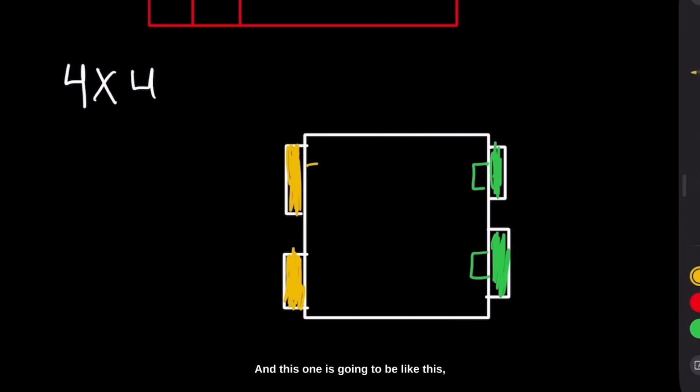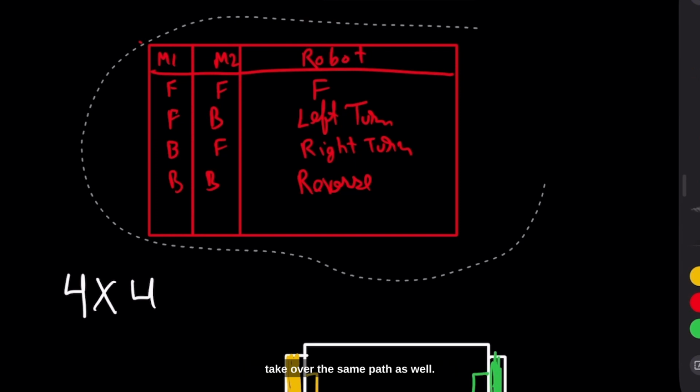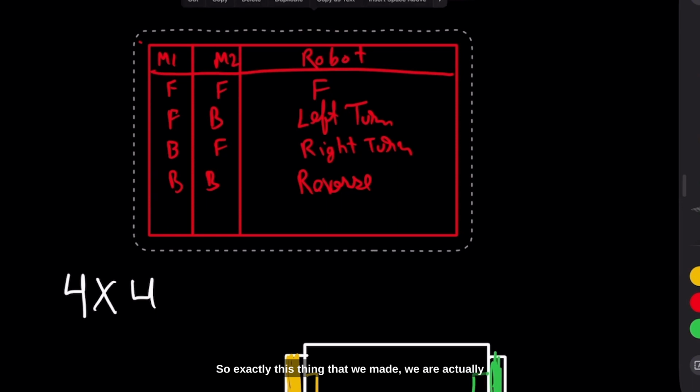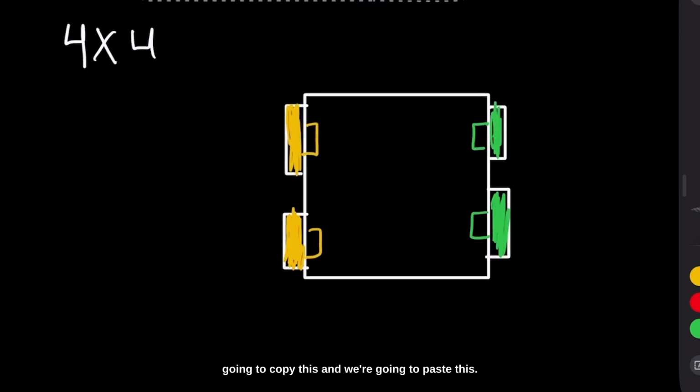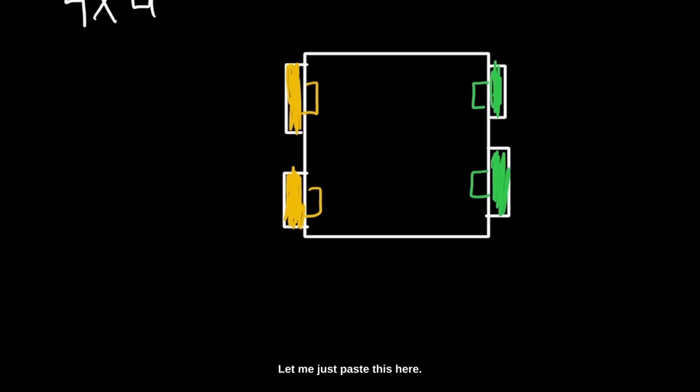And this one is going to be like this, and this one is going to be like this. Now once you understand this, exactly the same table that we drew over here is going to take over the same path as well. So exactly this thing that we made, we are going to copy this and paste this. Let me just paste this here.